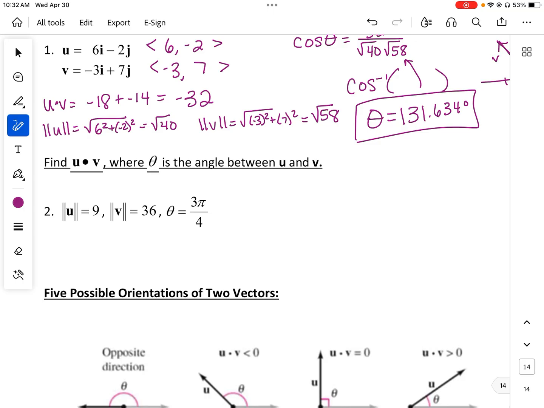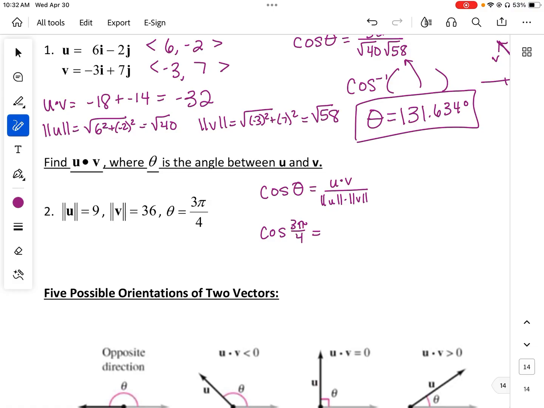It says find the dot product of u and v, where theta is the angle between u and v. So remember our formula. Cosine theta equals the dot product over the magnitude of u times the magnitude of v. Okay, let's plug in what we know. We know the theta, which is in radians.